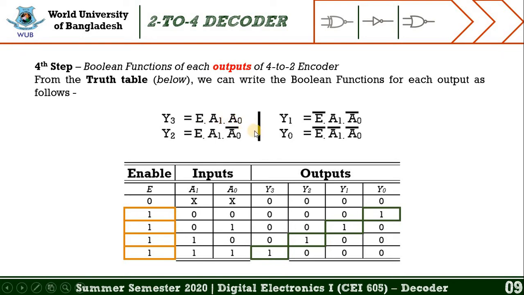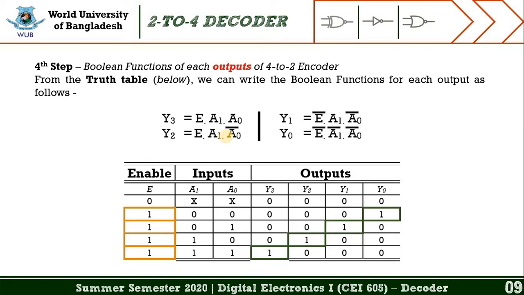Okay, and after that, when we write the equation of Y2, you may find A0 is 0, A1 is 1, and the enable input is also 1. That's why we can write E and A1 and not A0, because the value of A0 is 0, but we don't use the value 0.